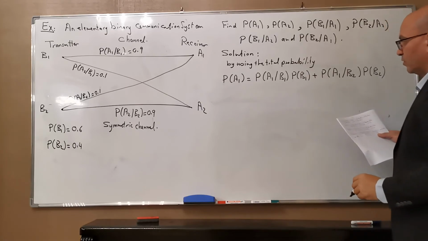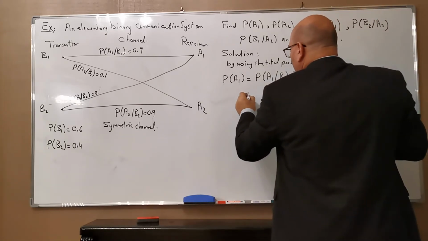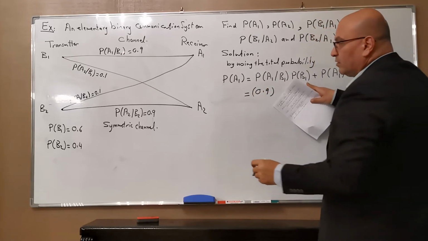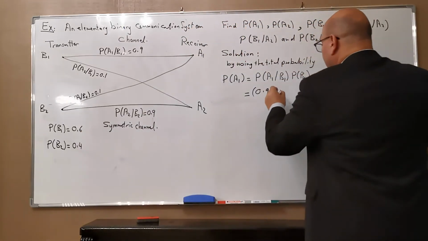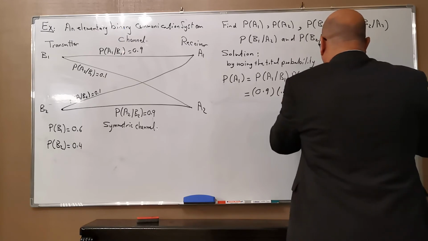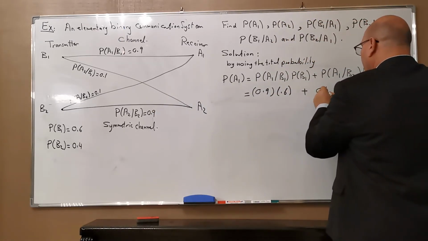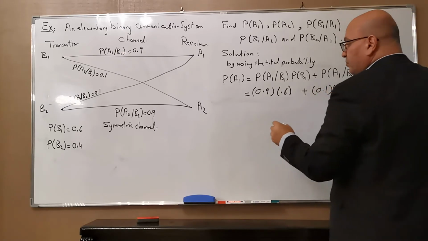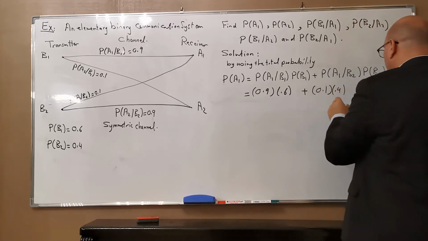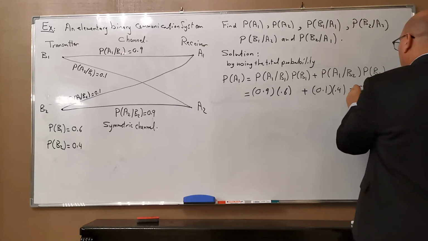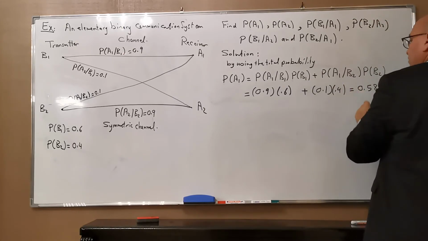This is from total probability, and the answer will be 0.9 times 0.6, plus 0.1 times the probability of B2, which is 0.4, so we end up with 0.58.